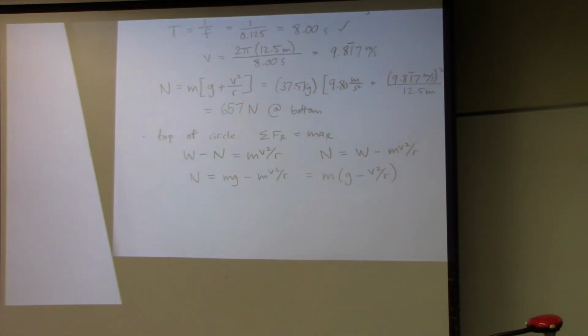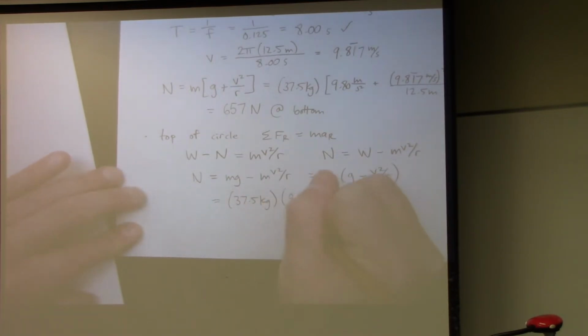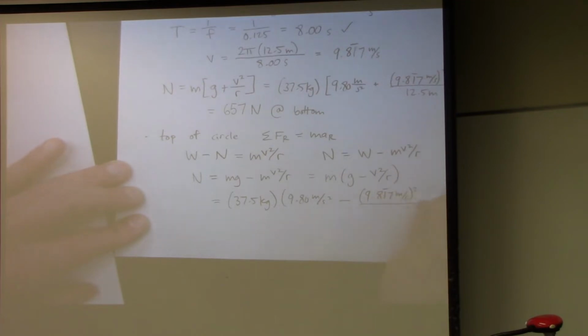And so let's make the calculation. The mass is 37.5 kilograms. g is 9.8 meters per second squared. And now we're subtracting v squared over r, so we have 9.817 meters per second. Square it, divide by 12.5 meters.